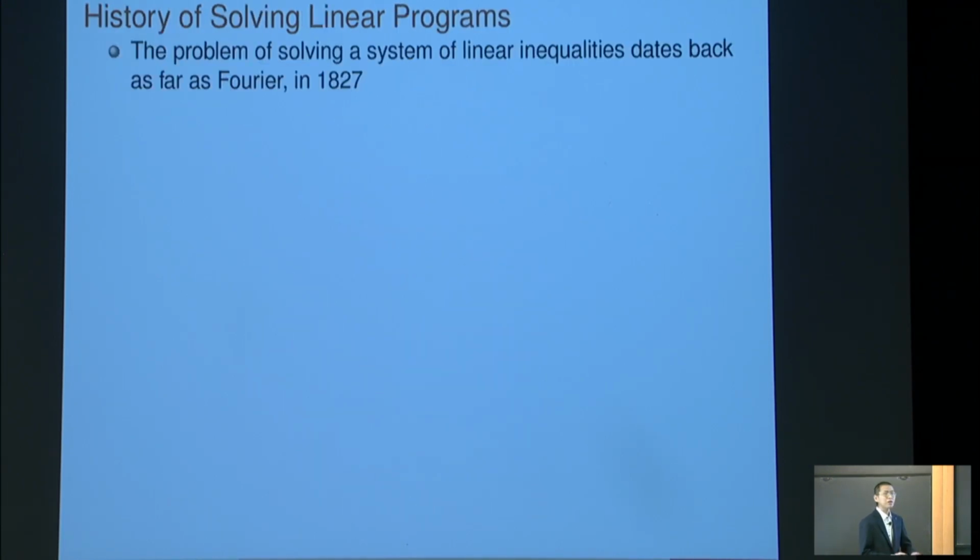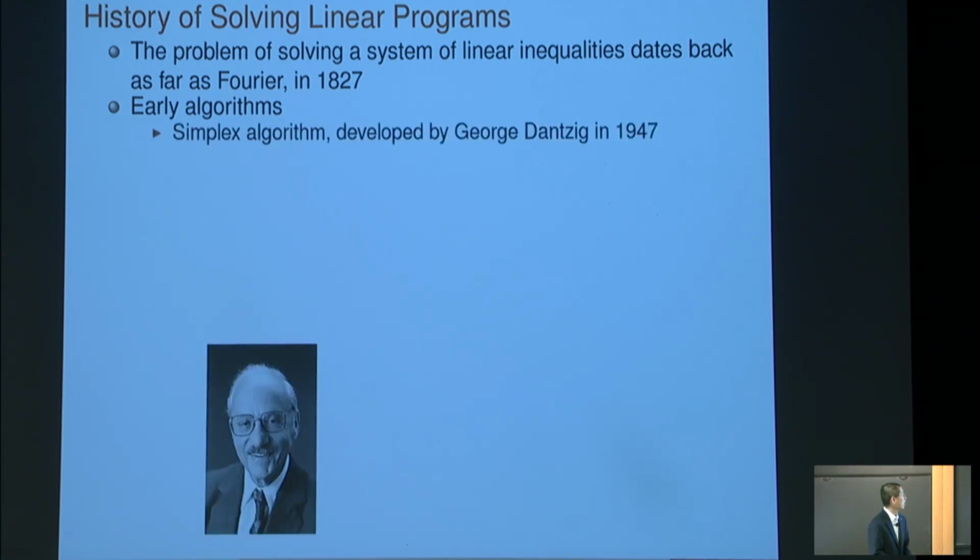This problem has a long history, and according to Wikipedia it goes back as early as two hundred years ago. The earliest algorithm is the simplex algorithm, developed by George Dantzig.